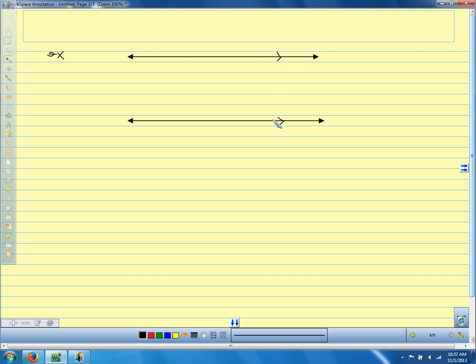So those two lines are parallel. Now I'm going to cut the two parallel lines by a transversal, like so. And I'm going to label these angles: 1, 2, 5, 6, 3, 4, 8, and this one's 130 degrees.